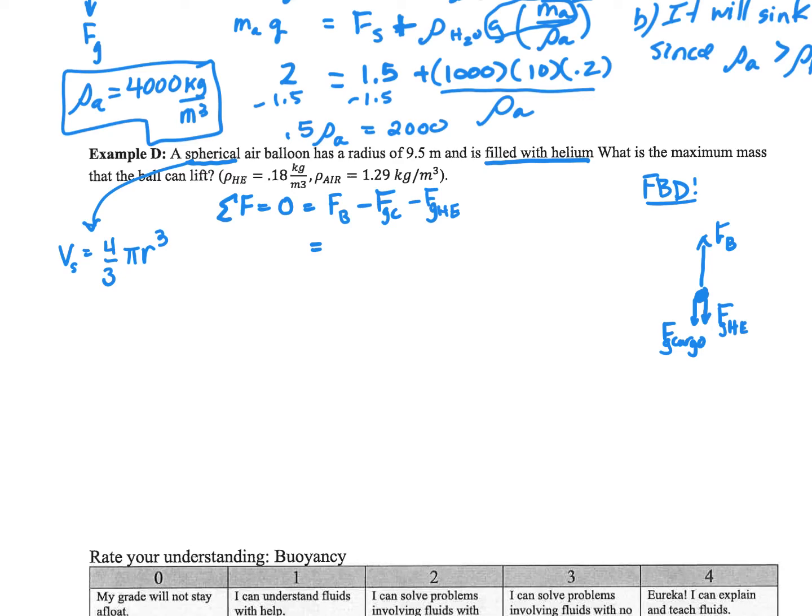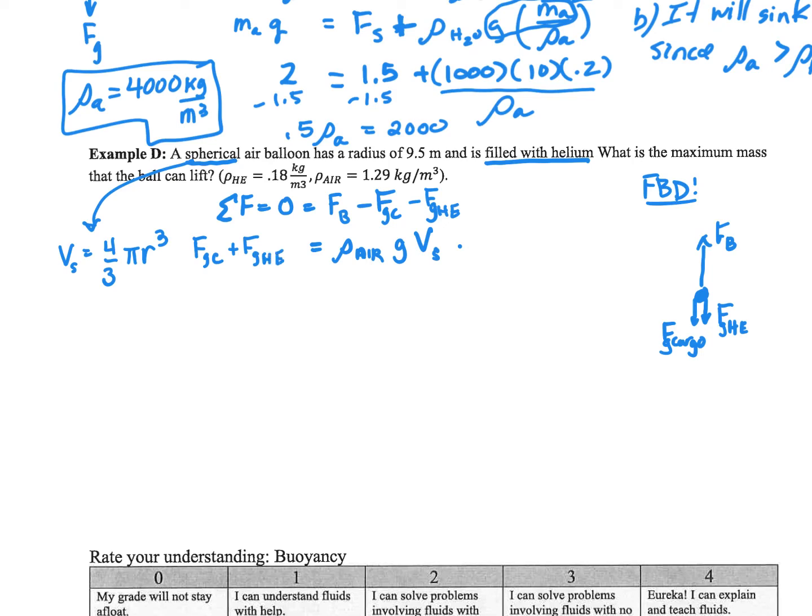The density of air, gravity, volume of the other object, which is the sphere, but I mean, it'd be the whole object. It's air, and the sphere. Minus or equals, we can put the other stuff on the other side, can we? Equals the force of gravity on the cargo plus the force of gravity on the helium, correct?